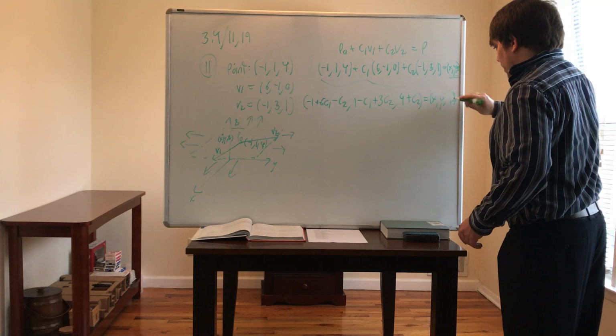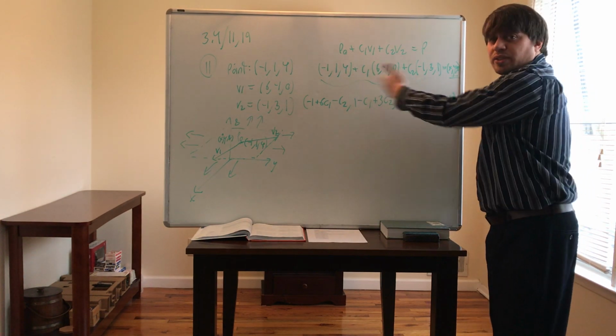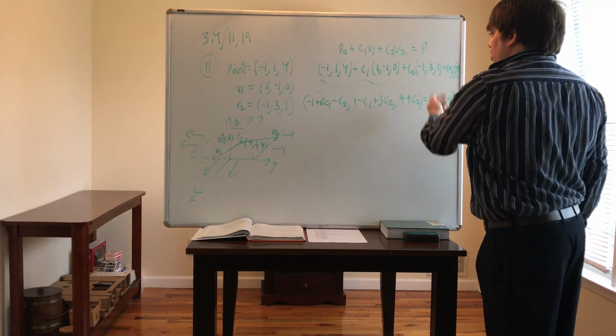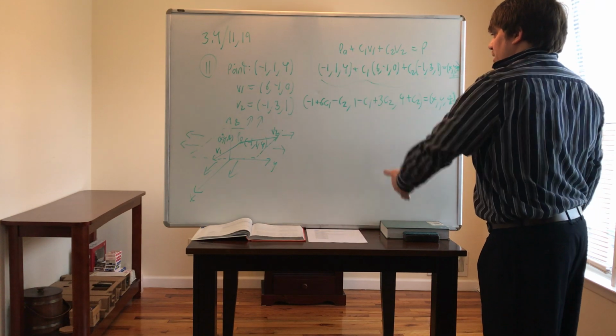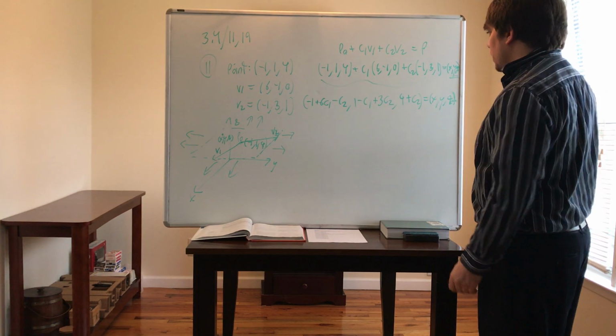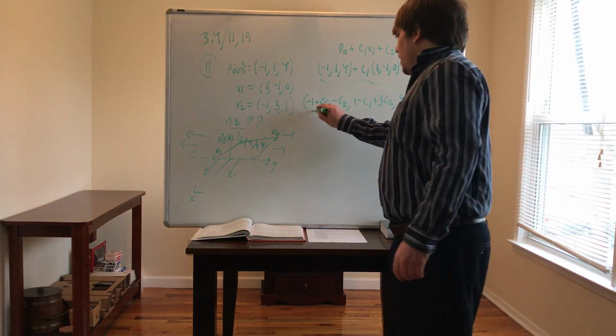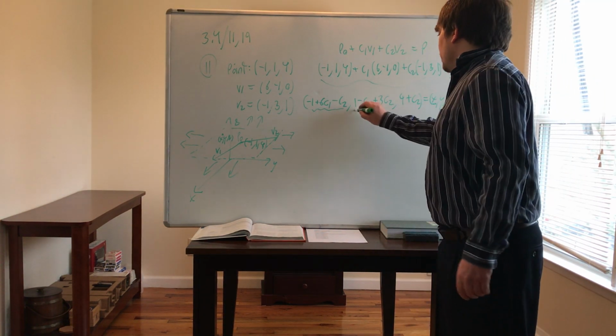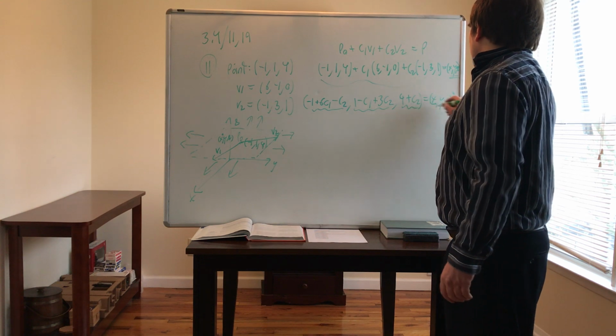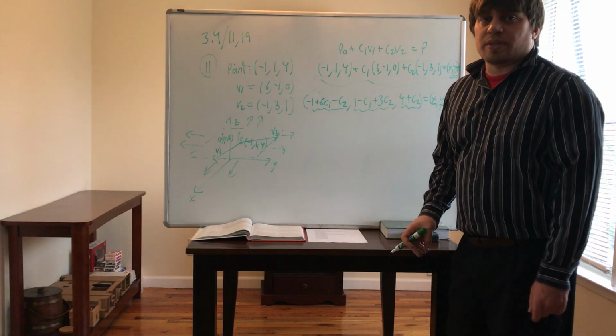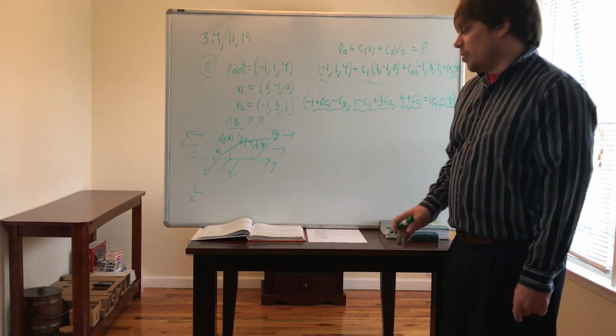Okay, so I just combined the three vectors on the left side. I multiplied this by c1, this by c2, kept that the same, added the three up, component by component. And it's equal to x, y, z, and so that means that this is x, this is y, and that's z. And so those are the parametric equations that determine a point on the plane.